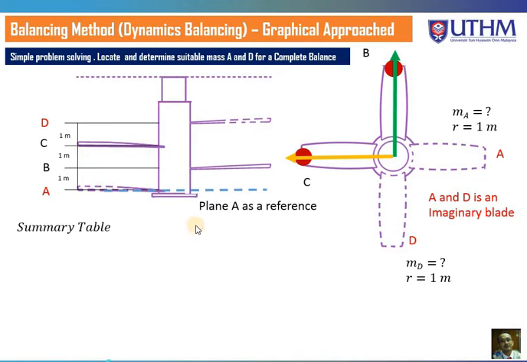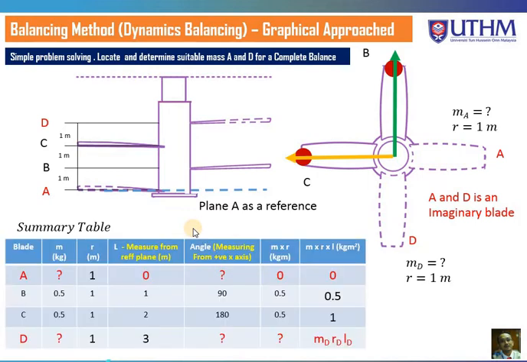First, when you are dealing with a graphical approach, you need to do a summary table. We have columns for blades A, B, C and D. Mass B and C are known, while mass A and mass D you don't know, but the radius is the same, at 1 meter each. Then the distance, measured from a reference plane.